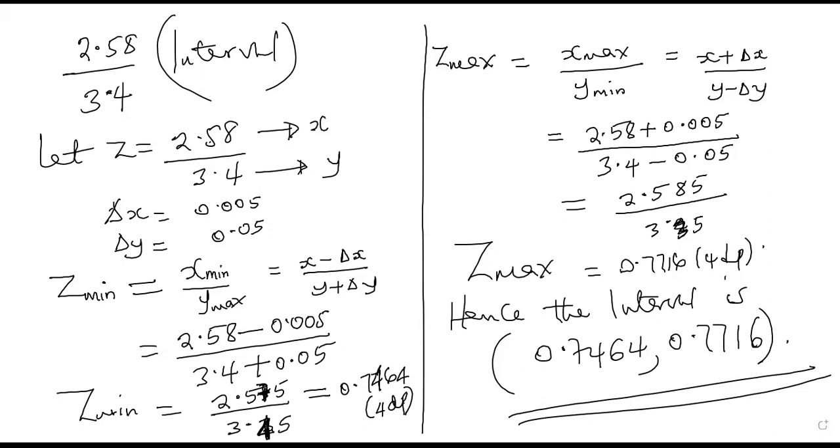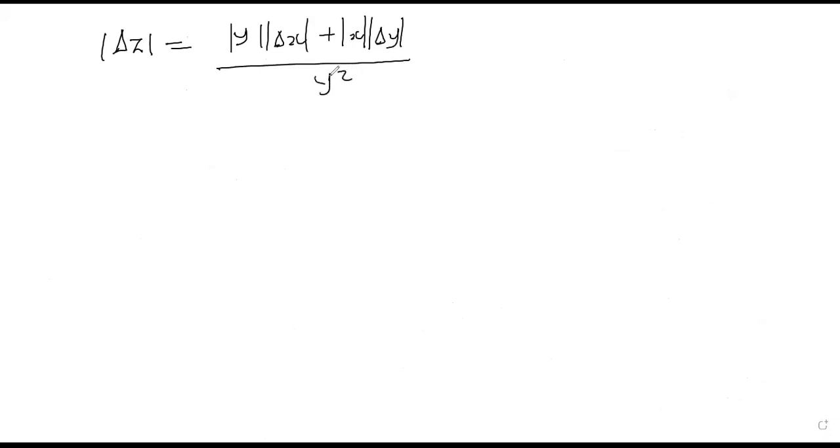So that is how easy one would get it. Or else one would do it like this. The time has gone, but still I have to. Because when we proved the quotient, we got our delta Z equals magnitude of Y dX plus magnitude of X dY over Y squared.